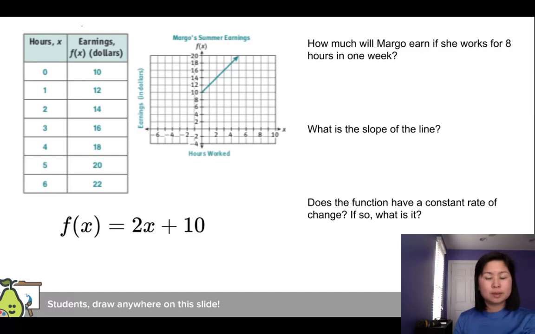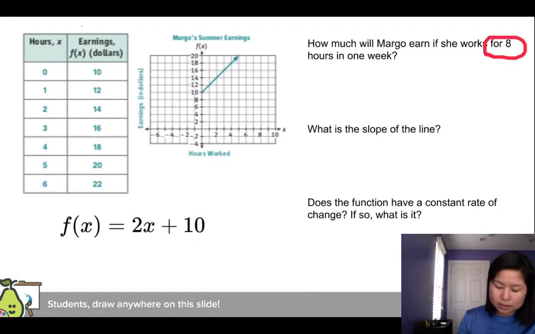So if you want to use the table, let's look at 8 hours. This one only goes up to 6. Actually, it's not 26, it should be 24. Okay, so for the table, I can increase up to 26.